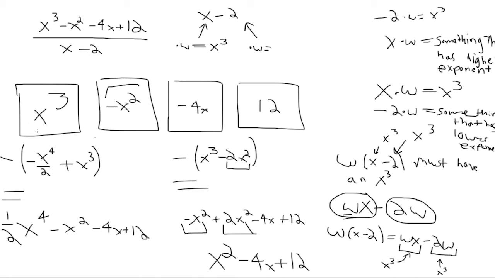So in this case, we wanted to get rid of the x cubed. So we said w multiplies by x to equal x cubed, right? And then we found out our w that way. If we chose the negative 2 to multiply by w to equal x cubed, then we're going to produce a term that has an even higher term than what we were trying to get rid of. And we've created a problem for ourselves.